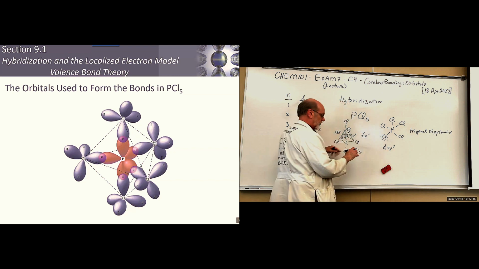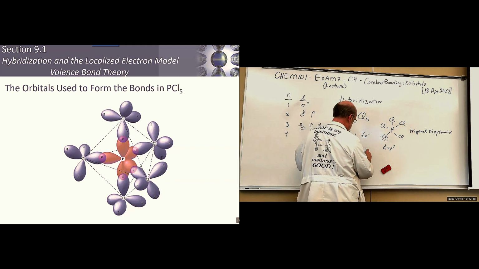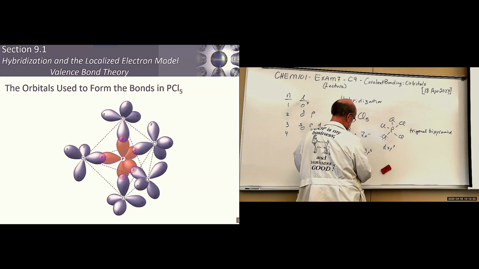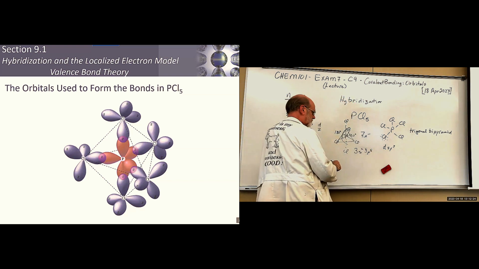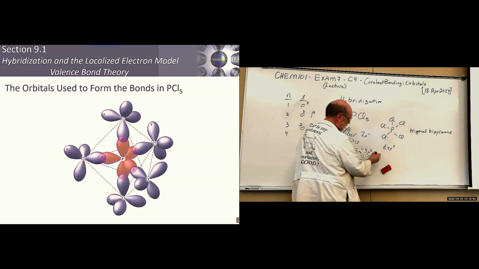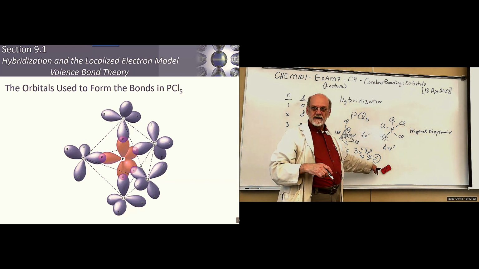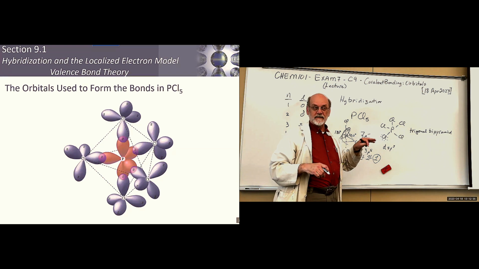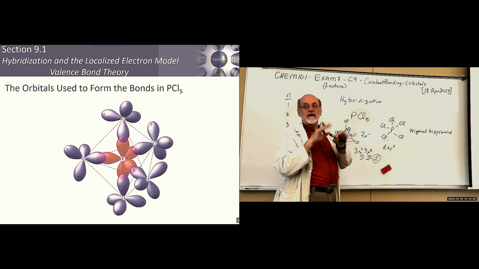I'm thinking of valence only. It has 3s2, 3p5. Yeah, 3p5. That's right. So it has these orbitals here. It has this one that's incomplete. So it overlaps this one with one of the hybrid orbitals. And that's how they share electrons and form the bond.